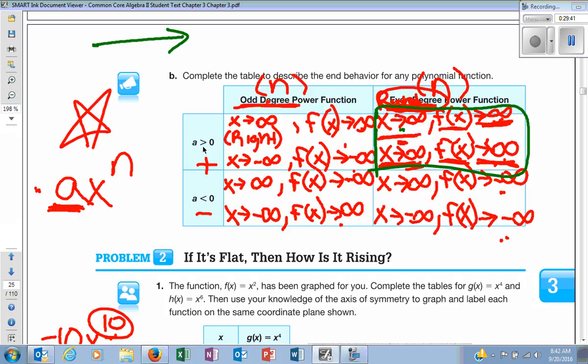To be honest, if I was doing this better, I should have done x going to negative infinity first, because that would be the left side of my graph, and then x to the right side. So the left side of this graph is up. The right side of this graph is also up. That's all that this end behavior was kind of getting from you. That's all it really needed to get.